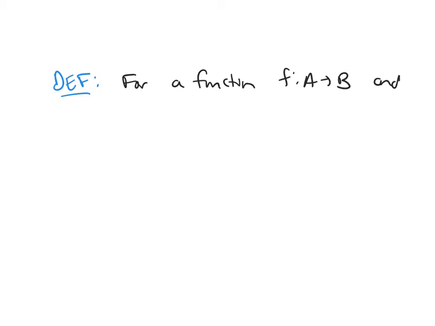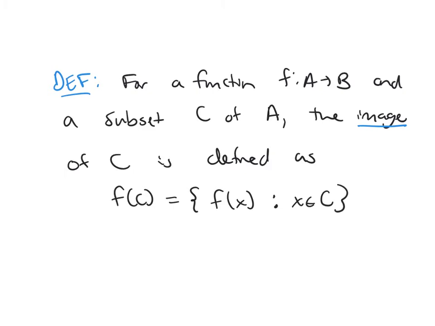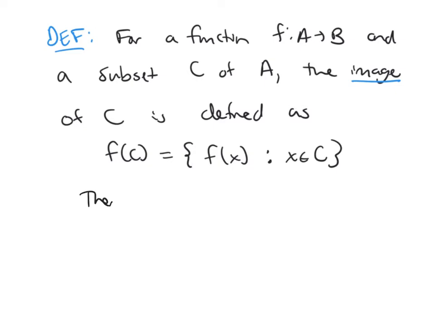So we're going to start with a definition. For a function f from A to B and a subset C of A, the image of C is defined as f of C, the set of f of x where x is in C. Therefore, we can see that f of C is a subset of B, your codomain.